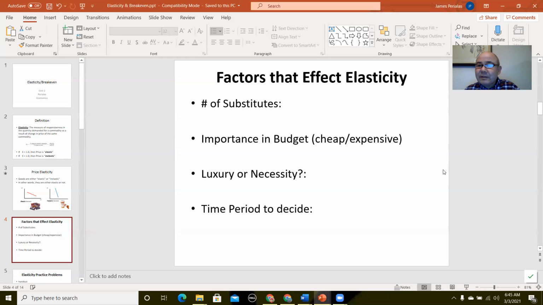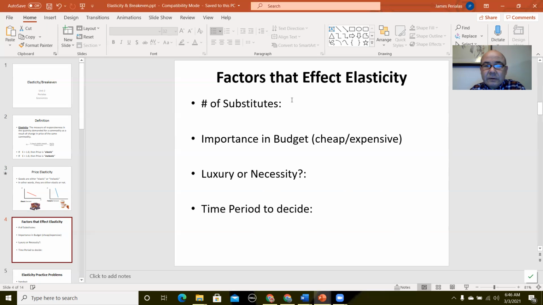And again, we can figure out the mathematics, and we're going to focus on that a little bit later on. But right now, we're going to focus on these other non-mathematic characteristics that would indicate whether a good is elastic or not. So as I'd asked, you put an E and an I here, E for elastic and I for inelastic.